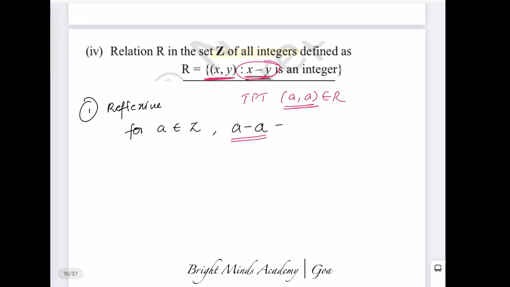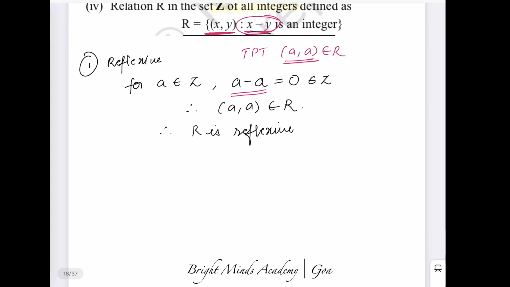Now we know this is equal to 0. Is 0 an integer? Yes, it's an integer. It belongs to the set of integers Z. Therefore a comma a belongs to the relation R. Therefore R is reflexive.